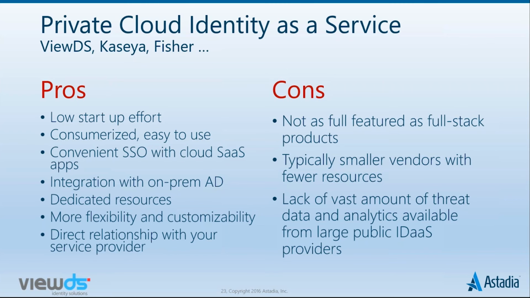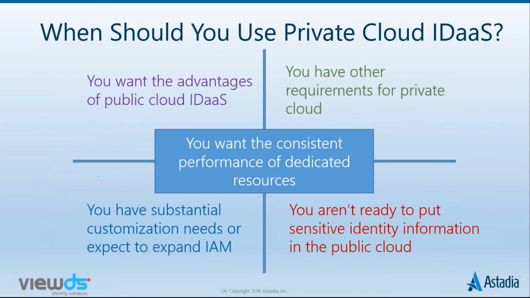And finally, because these deployments aren't spread across tens of thousands of enterprises like you might see with Microsoft or Okta, the MSP doesn't have the advantage of being able to analyze all of that public cloud authentication traffic to pick out all the brute force attacks that are occurring on public cloud identity as a service providers. So when does using private cloud identity as a service make sense?